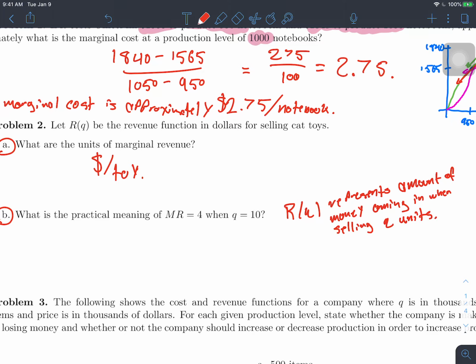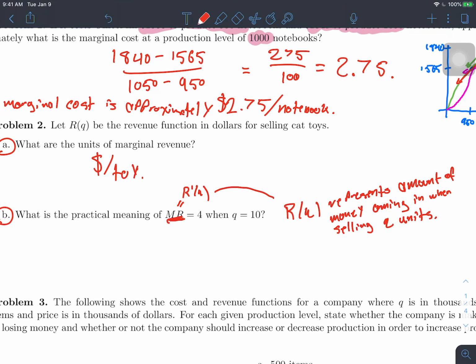In our case, that means Q toys. So the marginal revenue, remember this is R prime of Q, is going to describe how revenue is changing. Okay, how revenue is changing.